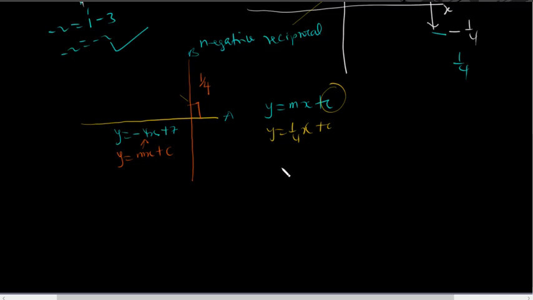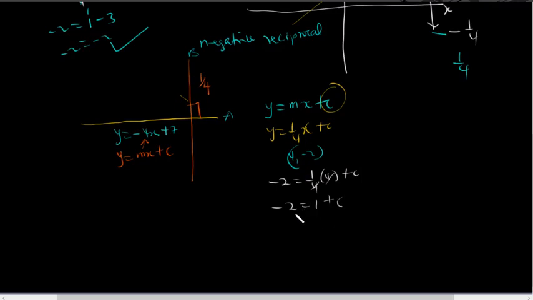I am also told that the point (4, -2) lies on it, so that means that it has to satisfy the equation of the line. So y is -2, and of course x is 4. So let me put 4 here. I am finding the constant c. So I have -2 equals 4 will cancel 4, and I have 1 plus c.